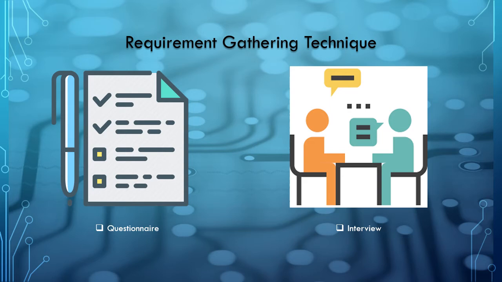Requirement gathering techniques. In this video, we are using two techniques, which are questionnaire and interview. The questionnaire is a very convenient way to collect information from a large number of people within a period of time.